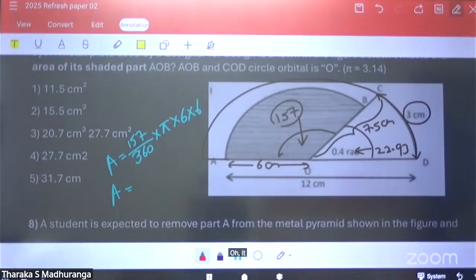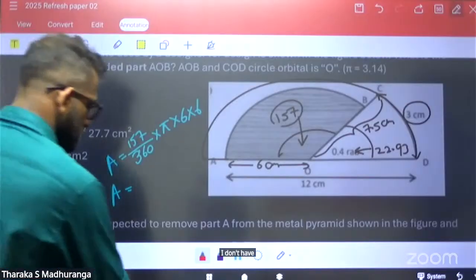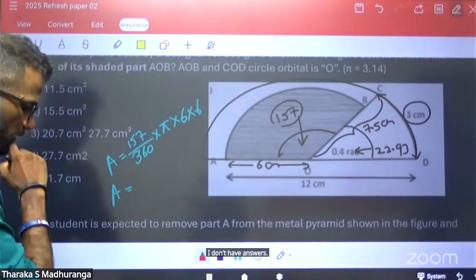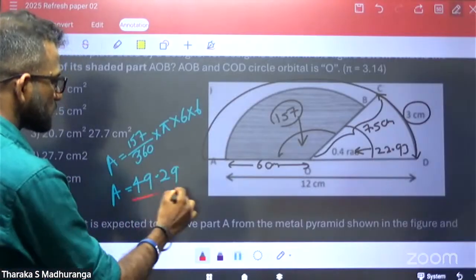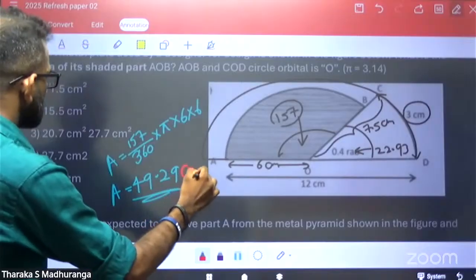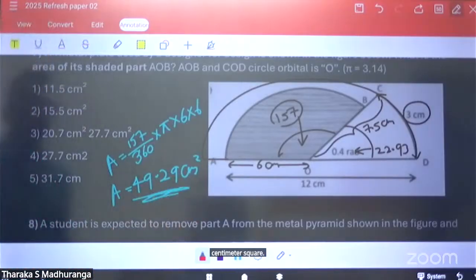Oh, it doesn't have this answer. The answer is 49.1 centimeter square. It's a mistake.